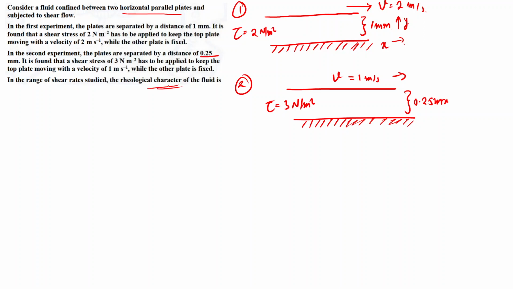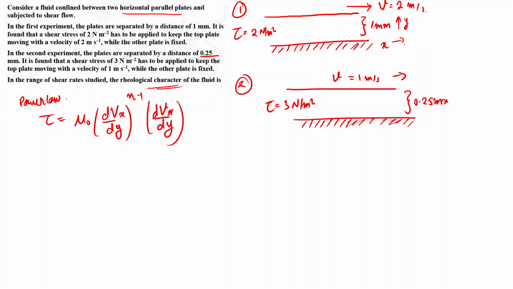So that we can study using the power law equation that states that tau is equal to mu naught (dvx/dy) raised to n minus 1, times dvx/dy. So based on the value of n, we can comment on the rheological character of the fluid.